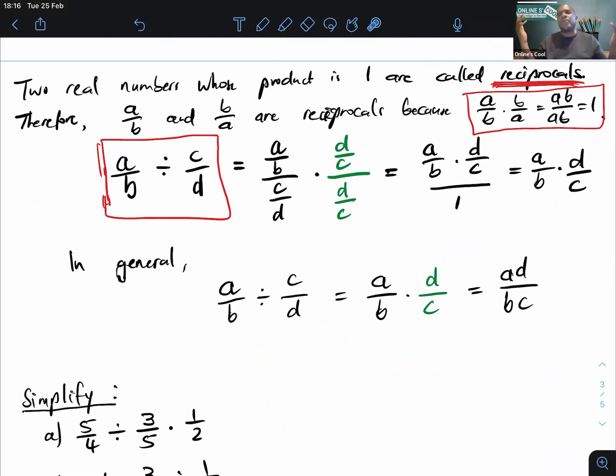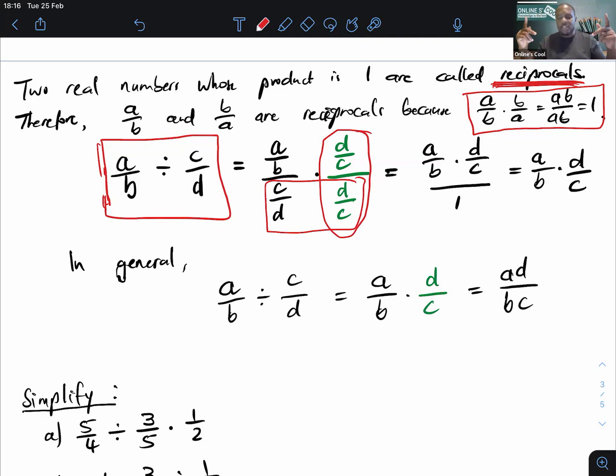The first thing you want to do is make the denominator 1. So what I do is I multiply by the reciprocal of this denominator, but I repeat it twice so that it's 1. My denominator in this case, what I'm dividing by, is C over D. So I want the reciprocal.